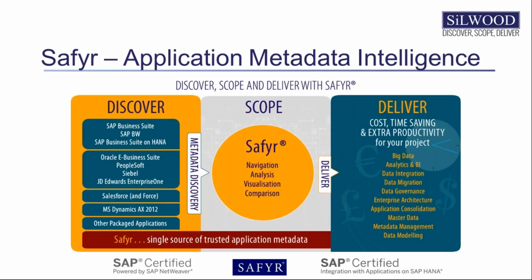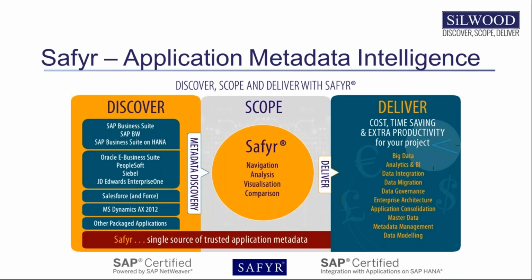What Sapphire does is discover metadata by extracting it from the source application, from wherever that source application stores it, including customizations, and then brings that information into a repository where the user, the data analyst or data architect, who does not need to be a technical specialist with deep knowledge of the application and its data model, can navigate, analyze, move around and find the information they need using typically text-based searching and filtering techniques, and then visualize that information and perhaps share it with colleagues.